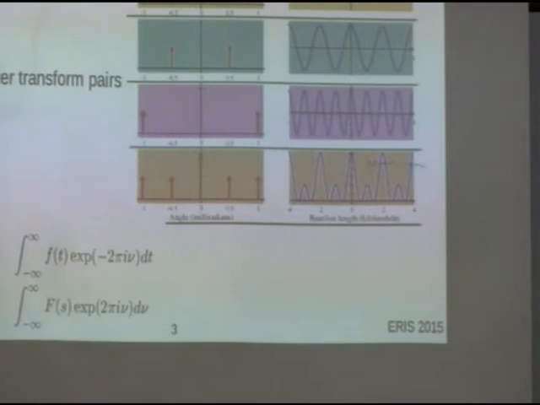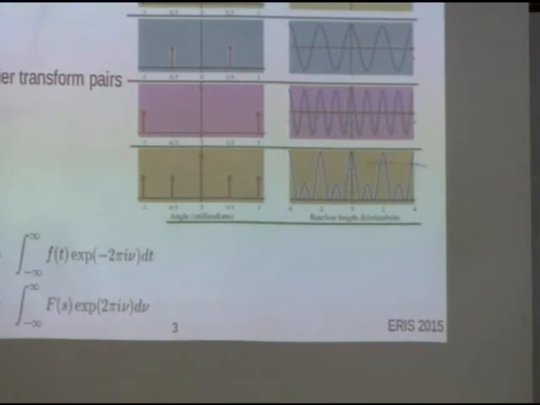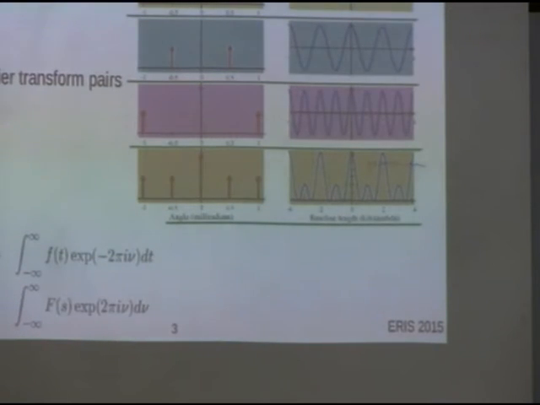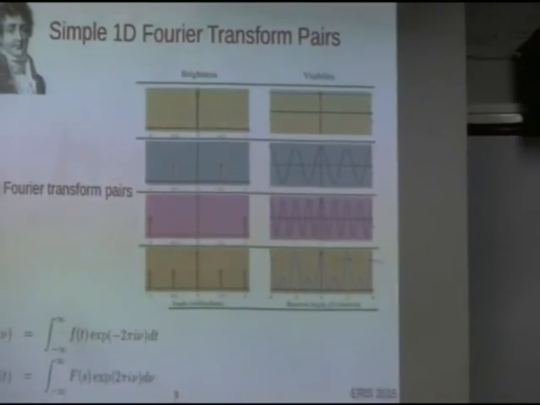Okay, so this is just to briefly remind you to jump from one space to the other. These are one-dimensional Fourier pairs. Here they show you, if you have a single source, of course, in the Fourier space, you are working with amplitudes and phases, right? You will have 2D information.